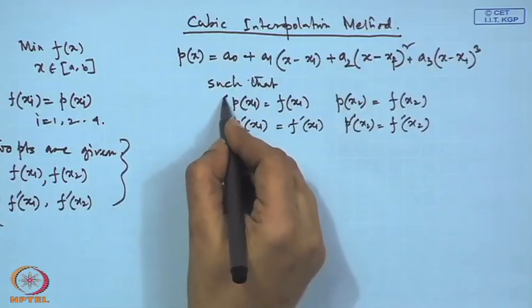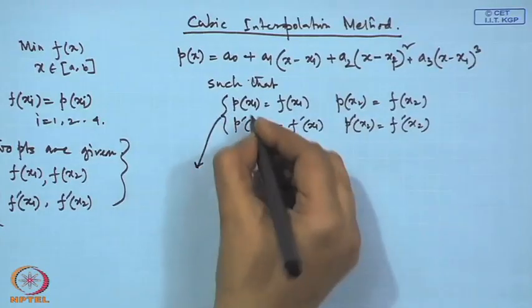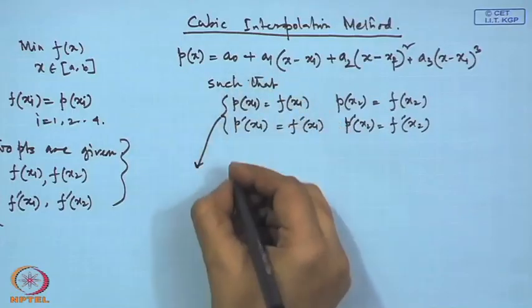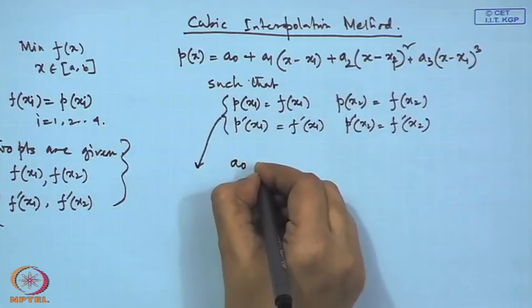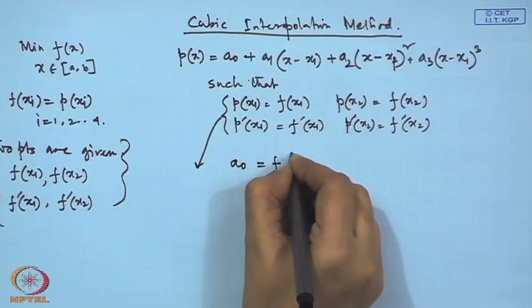From this information, we get that A0 must be equal to F(x1).